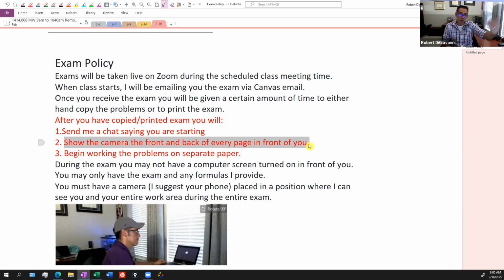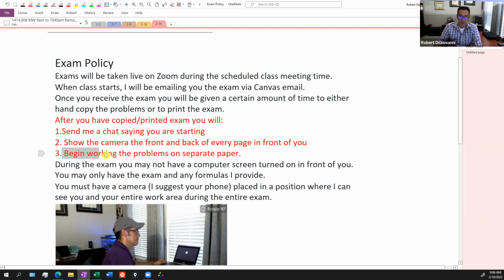And when you print or copy the test, you'll have that. You're going to show the camera all your blank pages in front of you, and then you will begin the exam, and you will always be working on separate paper. This is for the people who print the test. If you print it, don't go trying to do all the work on the printed test.